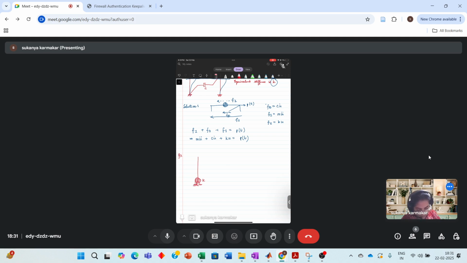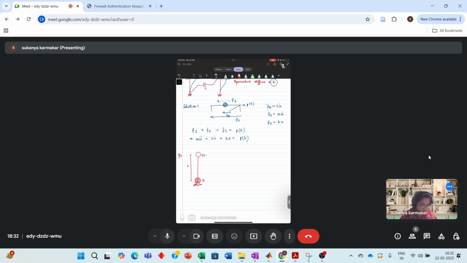So something like this. Then it has a weight W, and this length is L. Okay.